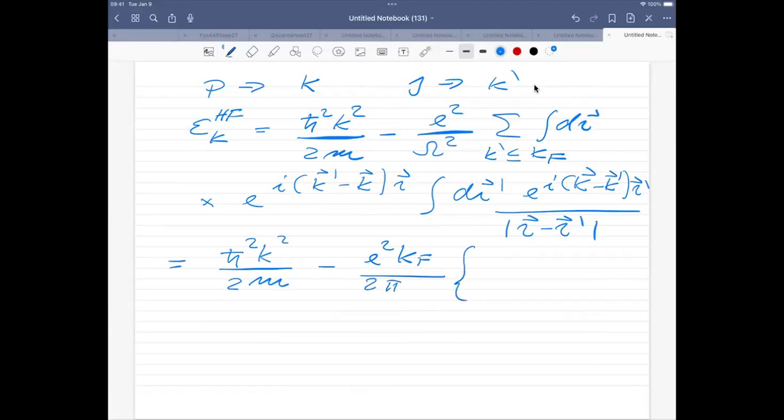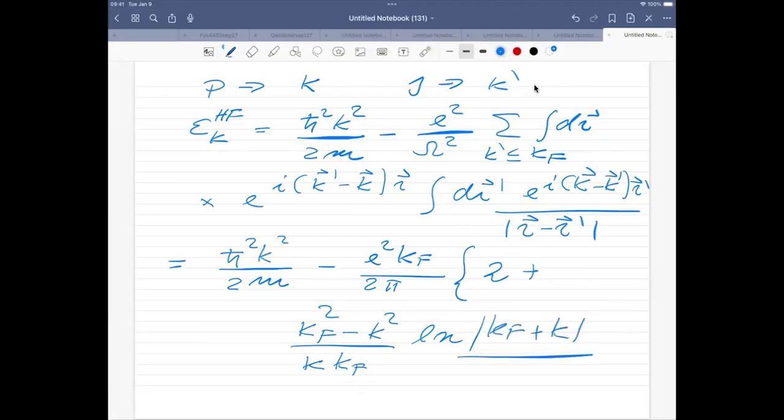And it contains one term, which is a constant, 2, plus Kf squared minus K squared, divided by K times Kf. And then I have a ln of Kf plus K divided by Kf minus K.